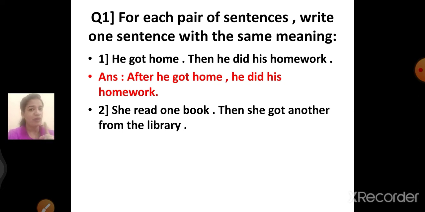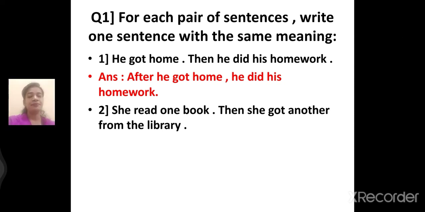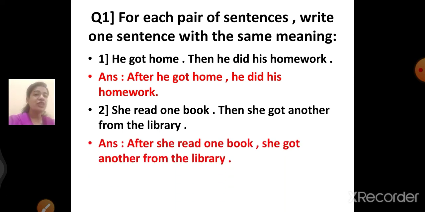These two things you have to remember. So we will start with: After she read one book, she got another from the library.